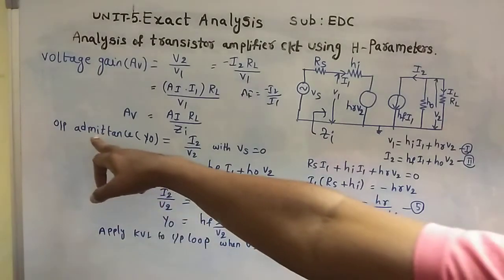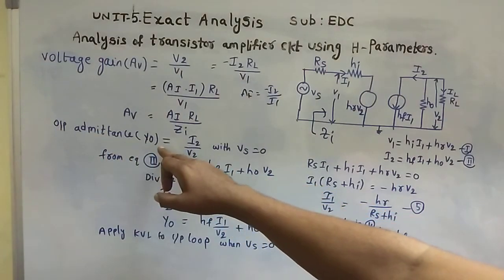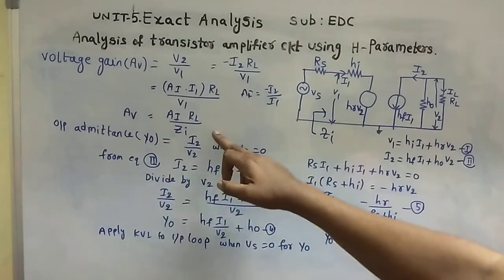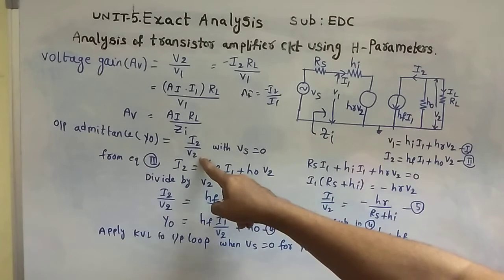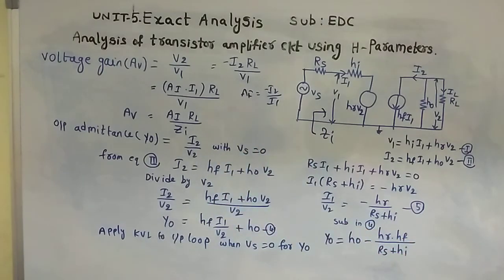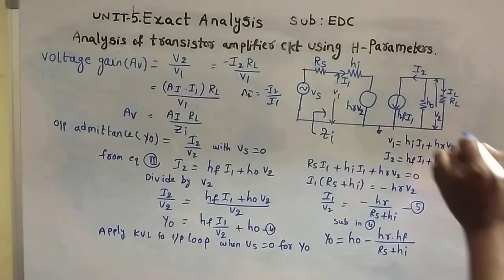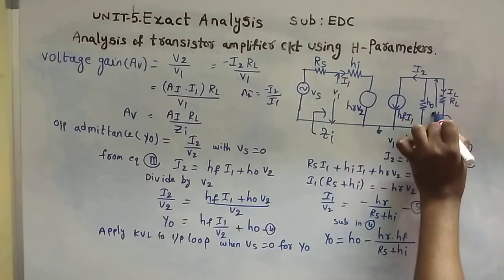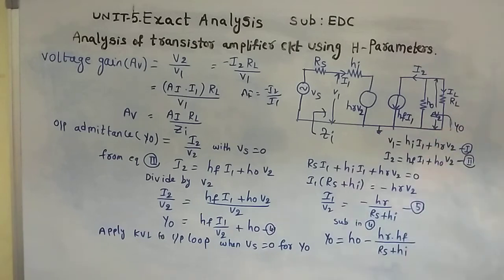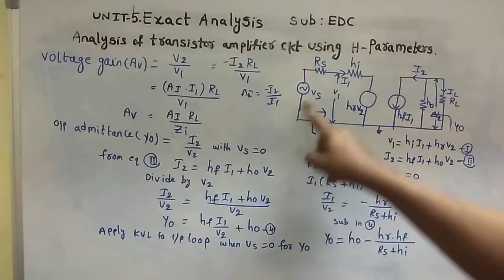Next parameter, output admittance. Y0 is equal to output current by output voltage, I2 by V2, with Vs equal to 0. If you want to find output admittance, Vs should be 0.